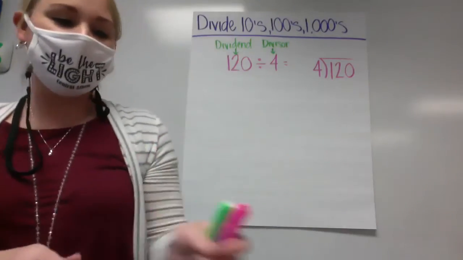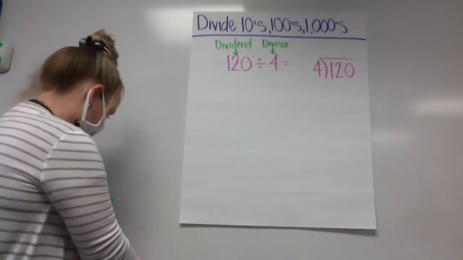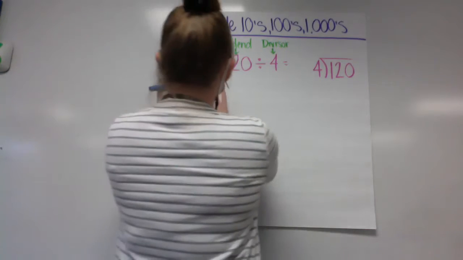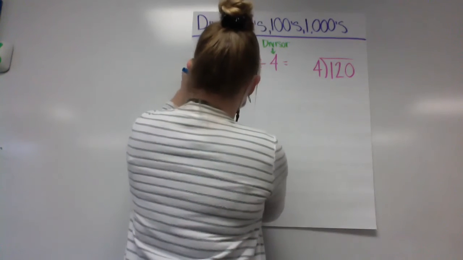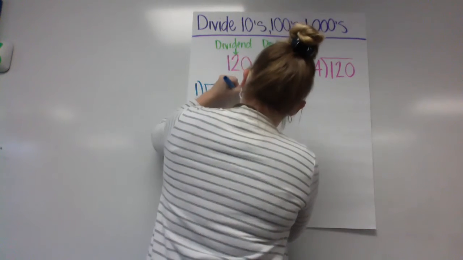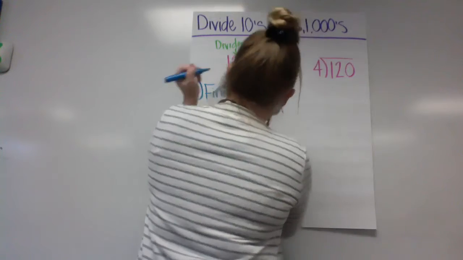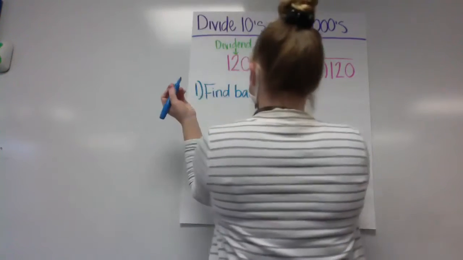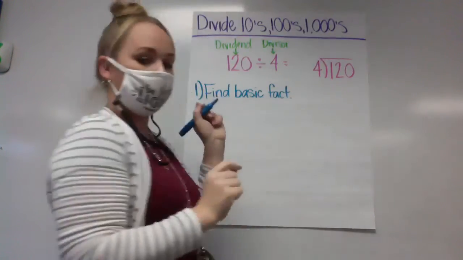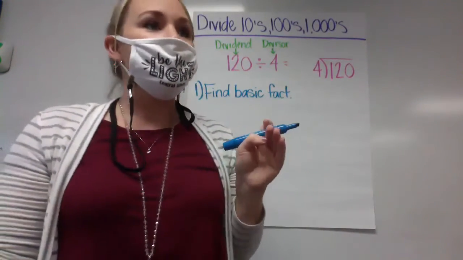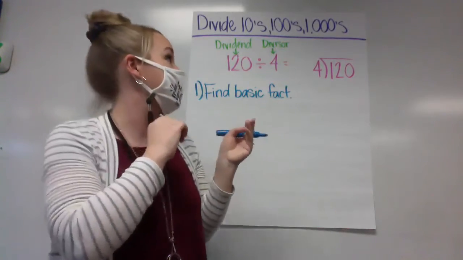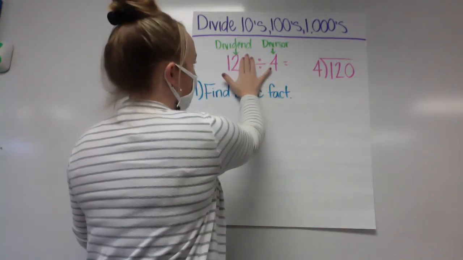So how we solve this, we're going to go through a couple steps. Let's write step one. Step one is we find our basic fact. Those would be like the facts that you learned in 3rd grade. In this problem, and really all of the problems that you're going to be doing with these, because they're all multiples of 10, you take off the 0, okay?